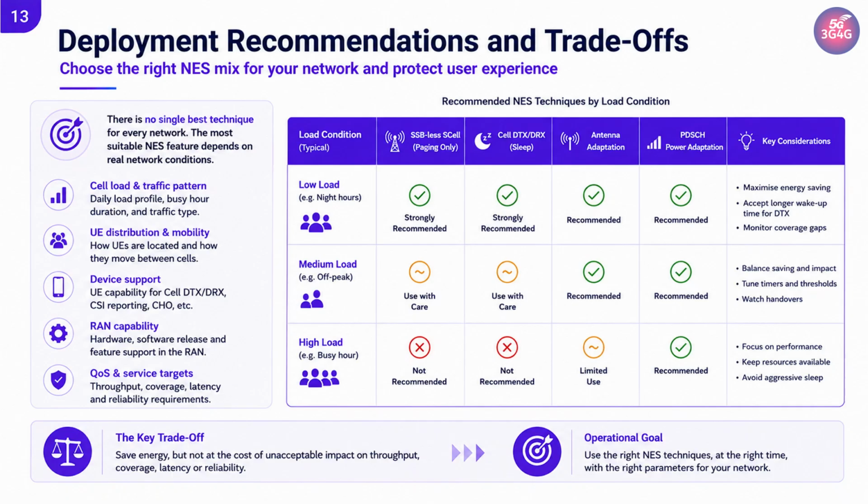If many UEs do not support the required Release 18 behavior, some features may have limited applicability. If the cell has a difficult coverage footprint, aggressive sleep or power reduction may create problems. So the operational message is simple. Save energy, but not at the cost of unacceptable throughput, coverage, latency, or reliability impact. Use the right NES techniques at the right time with the right parameters for your network.